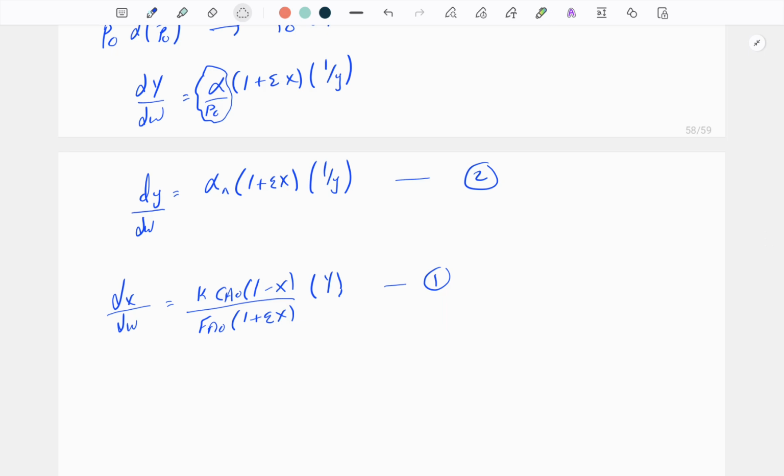You won't be asked to solve these two equations in an exam because you need Excel or MATLAB to solve them, but you could be asked to derive these two equations. But yeah, that's it for this class. I might do another class solving an example using these two differential equations, solving them in Excel.